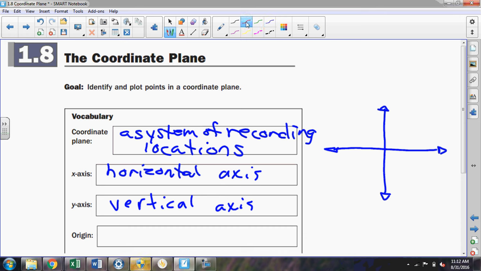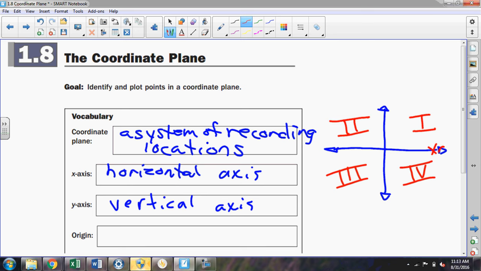You likely remember that the quadrants are named in counterclockwise order, 1, 2, 3, and 4. A lot of times, authors will use Roman numerals to count out 1, 2, 3, 4. It's also common just to use regular numbers 1, 2, 3, 4.